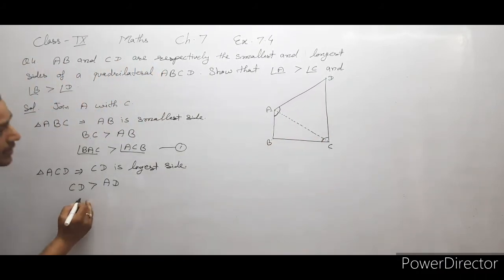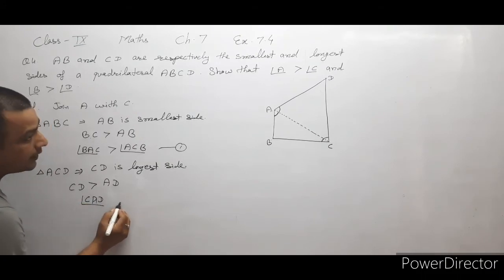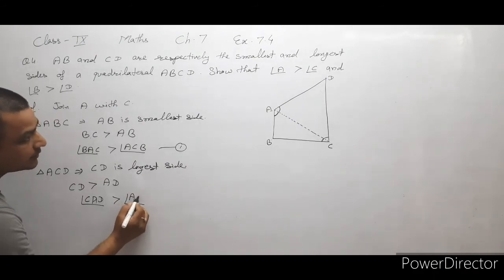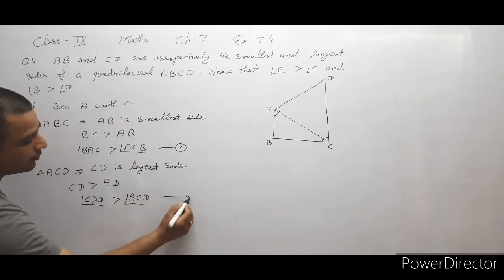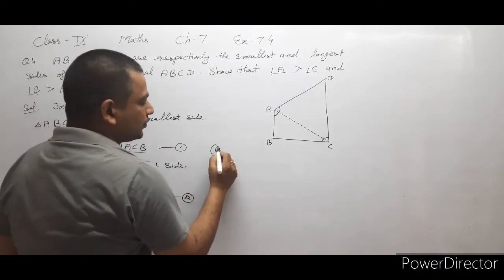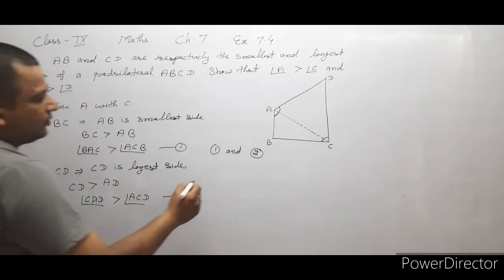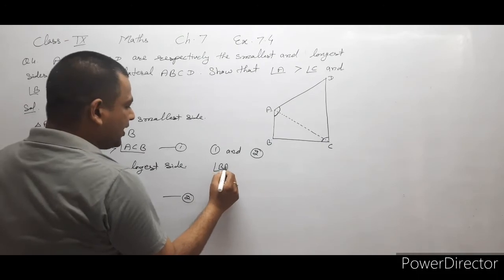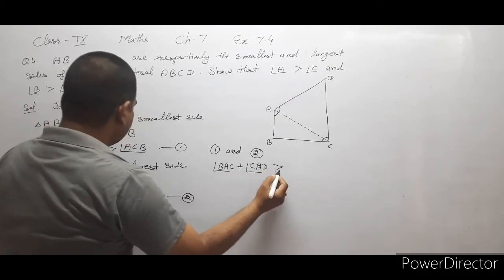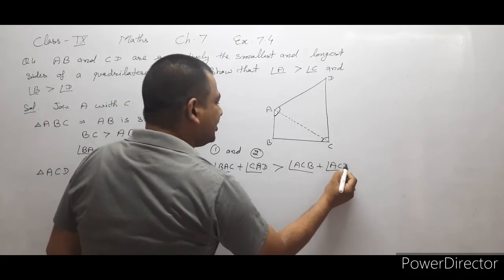We can write it as angle CAD is greater than angle ACD. Equation number 2. By adding 1 and 2, angle BAC plus angle CAD is greater than angle ACB plus angle ACD.